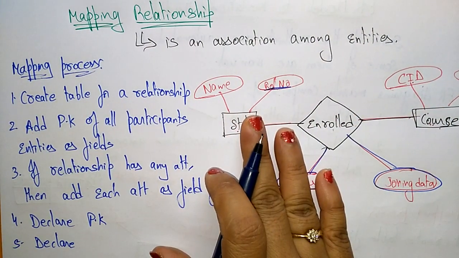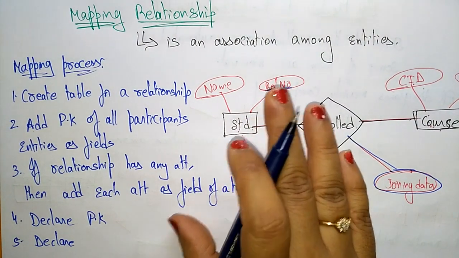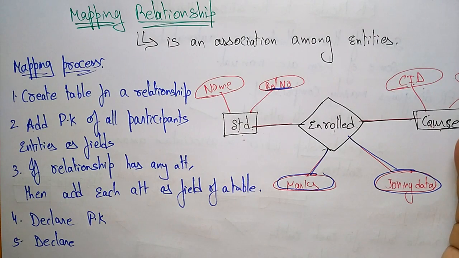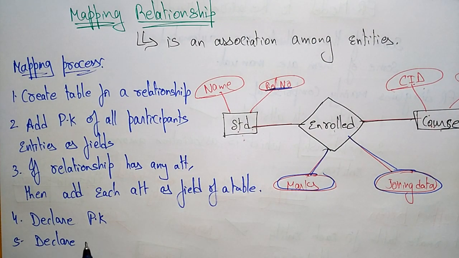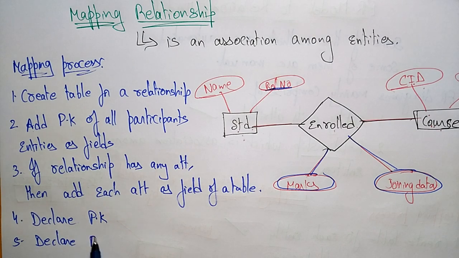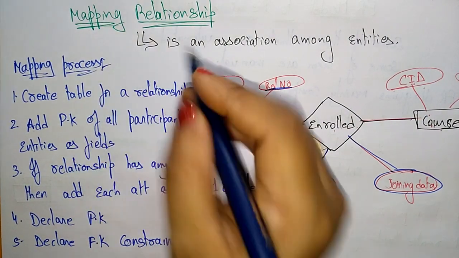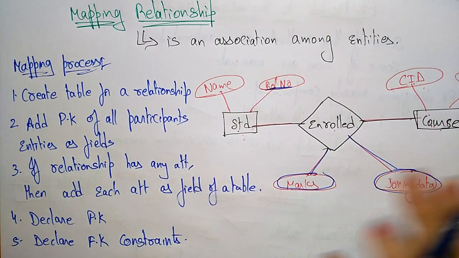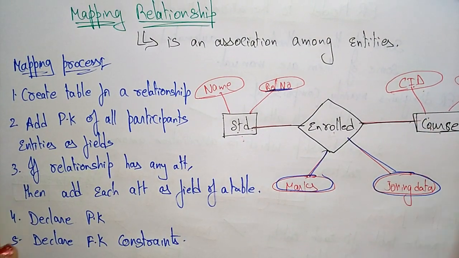If one attribute is acting as a primary key and you are accessing that attribute in another entity, then it becomes a foreign key. So if it has anything like that, you just declare a foreign key constraint. This is the mapping process for the mapping relationship. These are the steps you have to follow while creating a mapping relationship. Thank you.